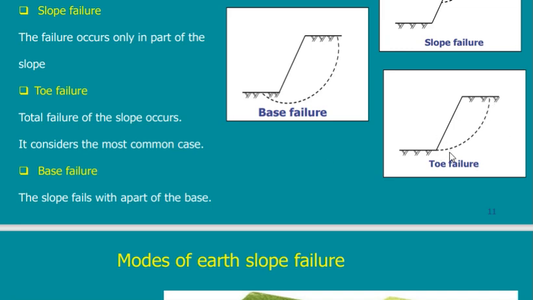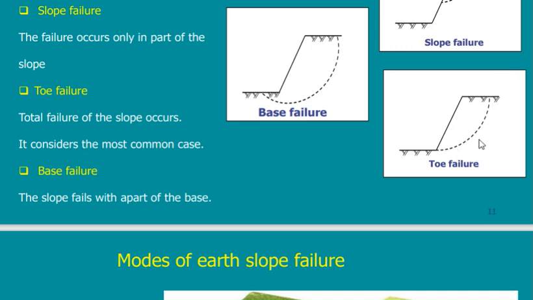So if this bulk wants to fail or slide, then there is a force along this line that prevents this big body from falling. So it is a force in the opposite direction. If this wants to fall in this direction, then the force along this line is in the opposite direction, going up.